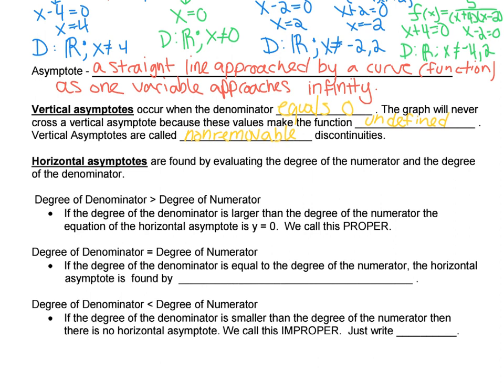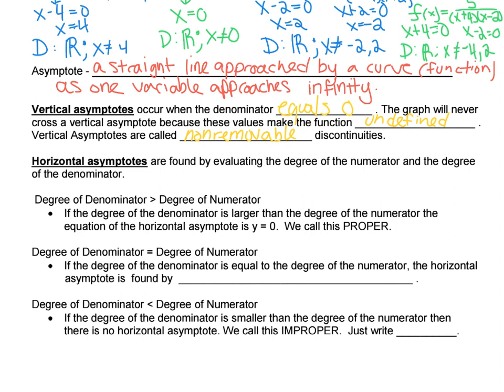The other version of asymptote that we are going to see is a horizontal asymptote. So horizontal asymptotes are found by evaluating the degree of the numerator and the degree of the denominator. So what that means is in order for you to determine where the horizontal asymptote is based off of an equation, you would do the following steps.